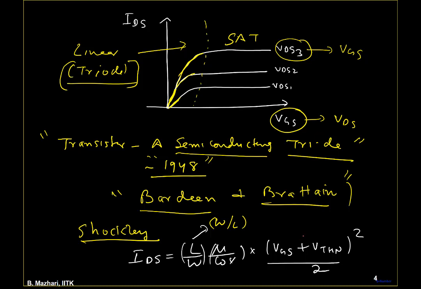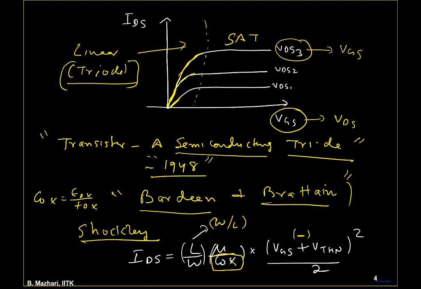It's saying this should be minus VGS minus VTHN. Any other problem with this? Is there a problem with COX? All right, so what he's saying is, if you recall what COX is, COX is equal to E oxide by T oxide.